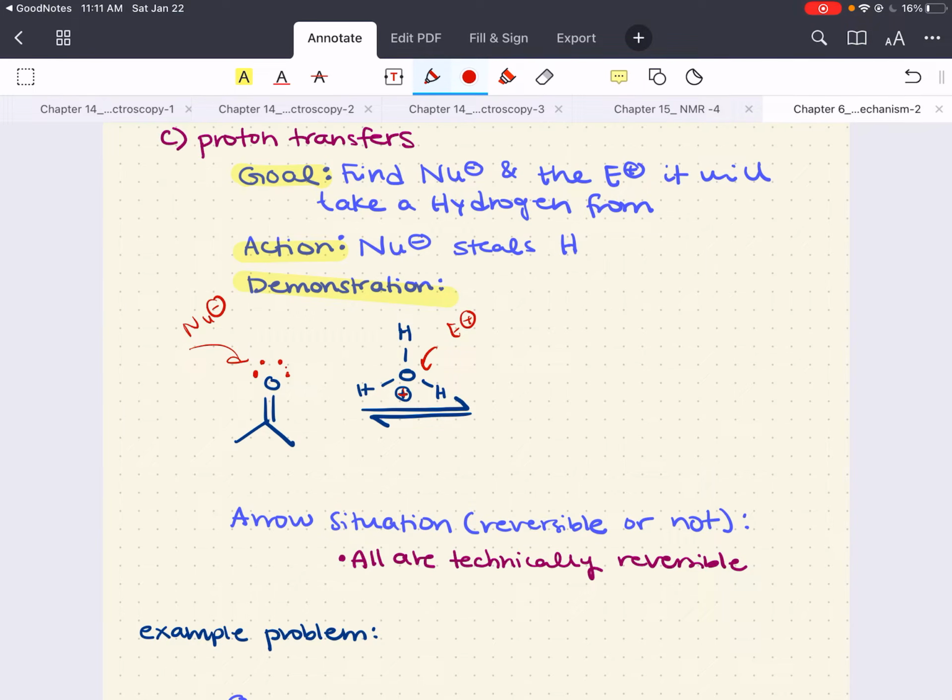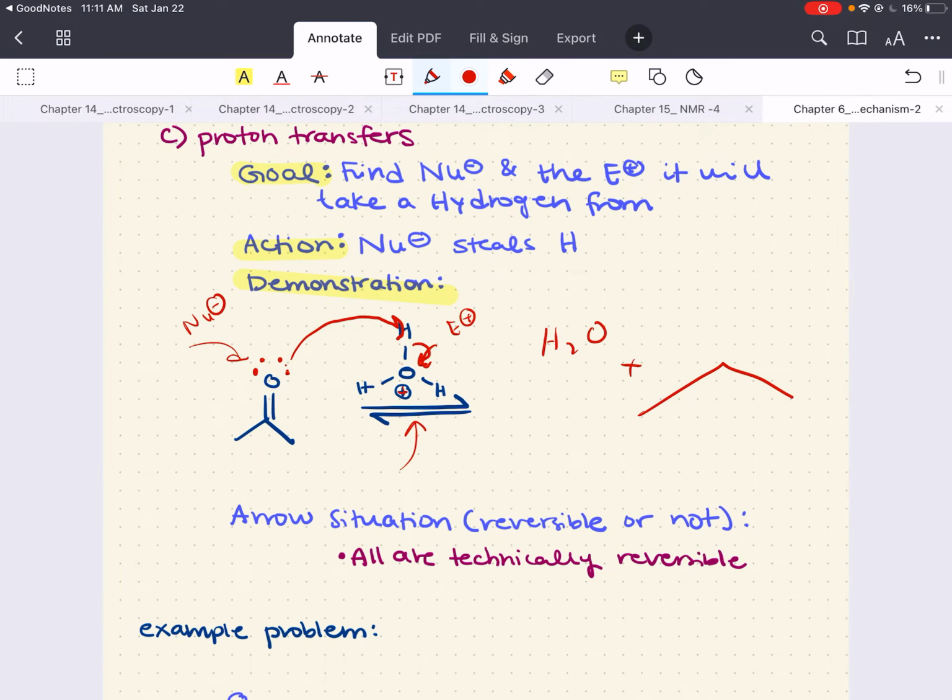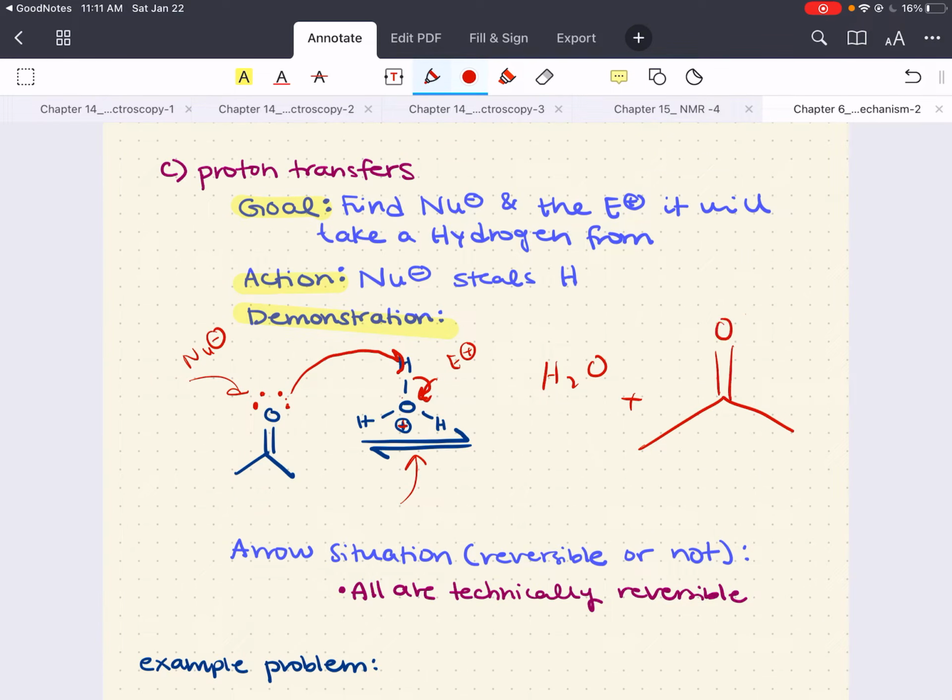It's going to steal this hydrogen, forming a bond with it and breaking it off from the oxygen, which dumps its electrons here. So what we form is water, neutral water. And now this oxygen is going to form a bond to a hydrogen and have a positive charge.